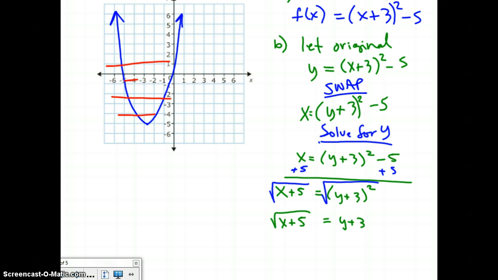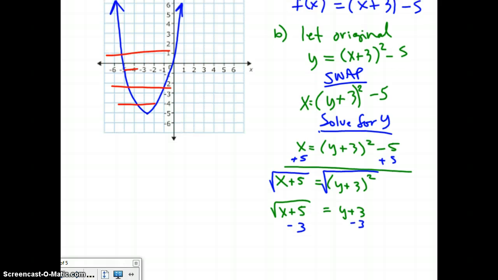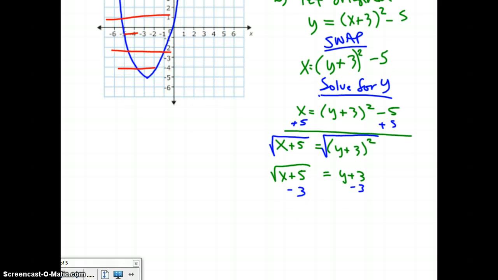And then we're going to subtract 3. And you get y equals the square root of x plus 5 minus 3. Notice that the minus 3 is not under the radical. And so our new y is actually the inverse function.